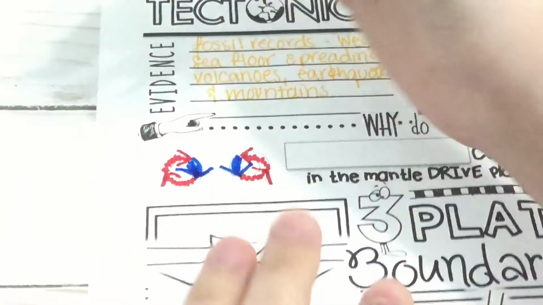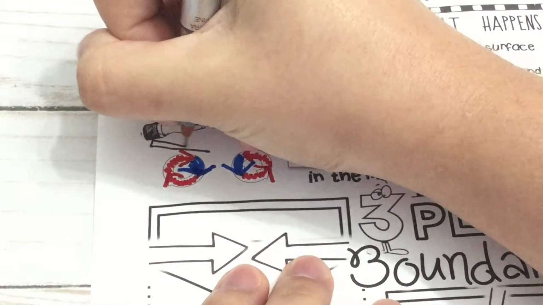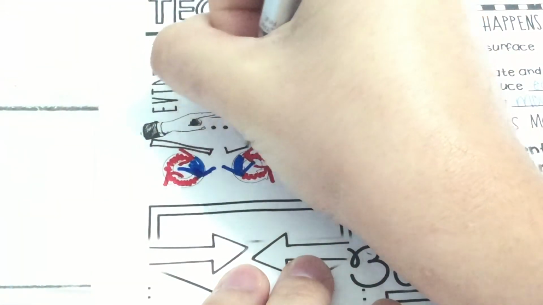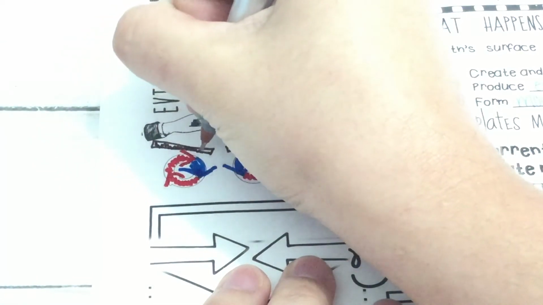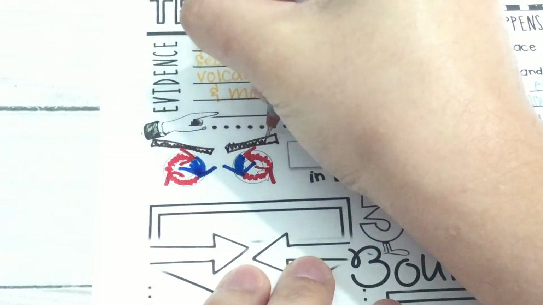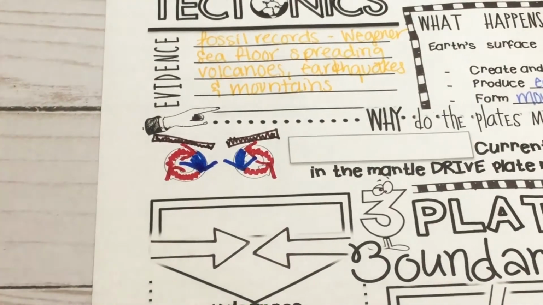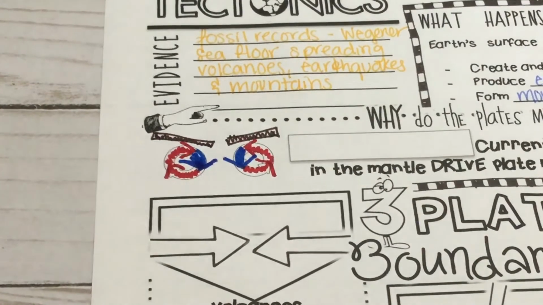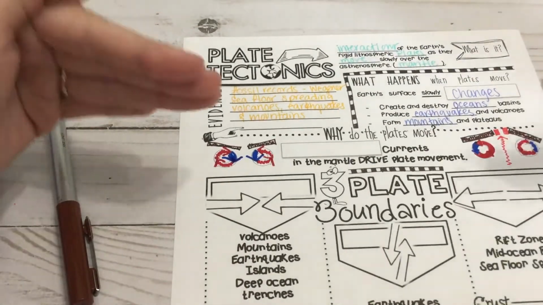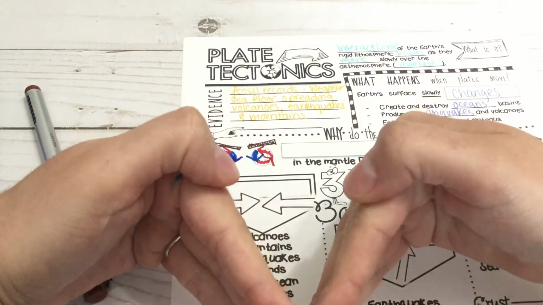But here, the plates are actually going to collide and run into each other. Let me zoom out so you can see better. As these plates come together, they're going to form a dip, like a valley.